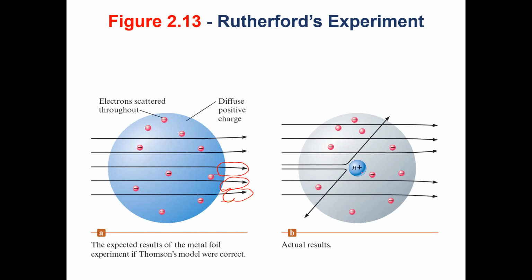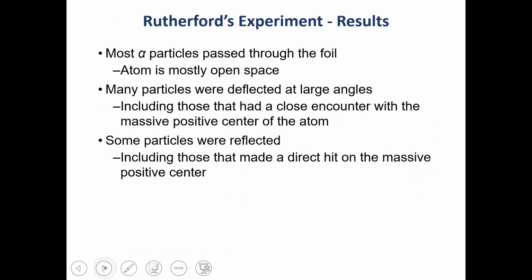And those significant deflections came when the alpha particles hit a nucleus. So they would hit a nucleus and then they would bounce off to the side, or they would bounce off and go down. Some of them only had minor deflections, but some of them had much larger deflections than you should see if the plum pudding model was correct.